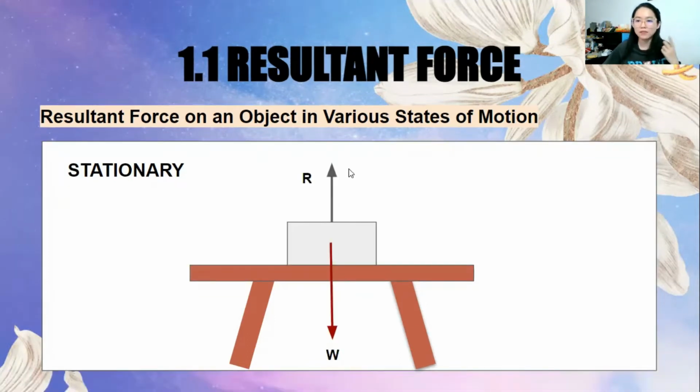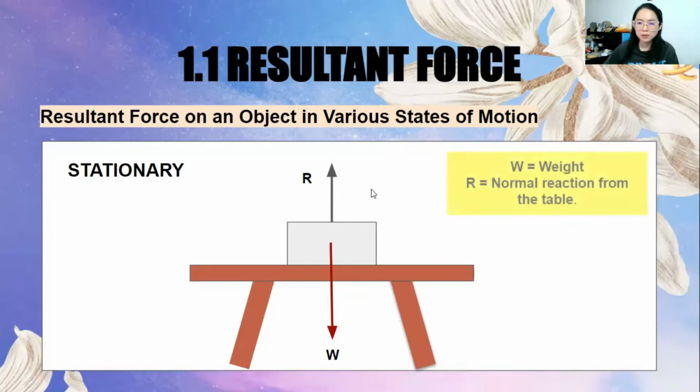Then we have another force, the normal reaction from the table. The normal reaction is the opposite force to the plane, going outward. For example, the object is on a table, so the reaction is opposite to the plane. These are the only two forces when the object is on a normal plane and is stationary.